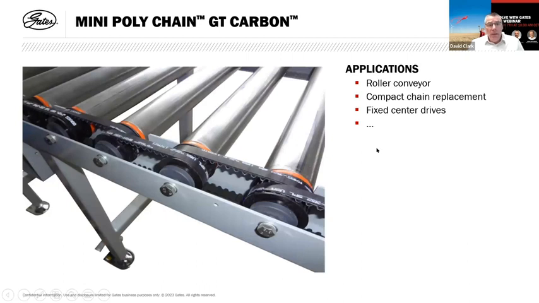Another belt type is Gates Mini Polychain GT Carbon. Again, this is a thermoset polyurethane belt with carbon cord. And these are made in relatively small lengths, specifically to replace the chains on a fixed center conveyor system.